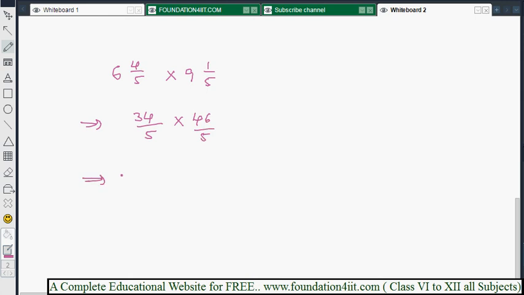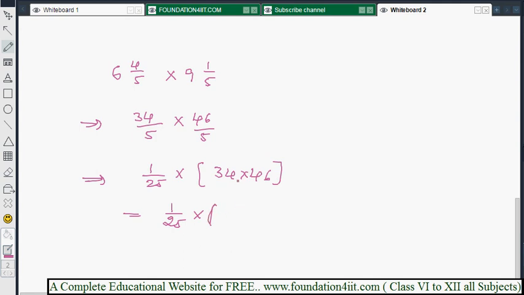Now observe 34 and 46. The denominators I took separately, that is 1/25. The numerators are 34 into 46. Here apply it to 34 into 46: that is 40 minus 6 and 40 plus 6.